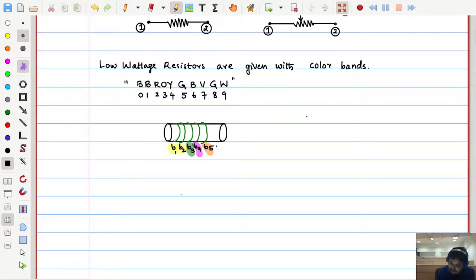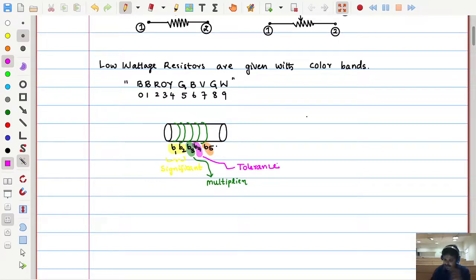Remember these terminologies. The first two correspond to the significant figures, the third corresponds to the multiplier, and the next one corresponds to the tolerance.